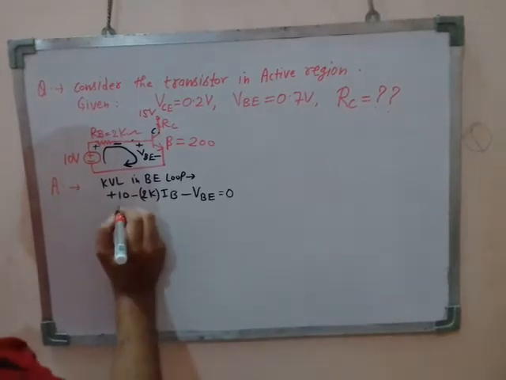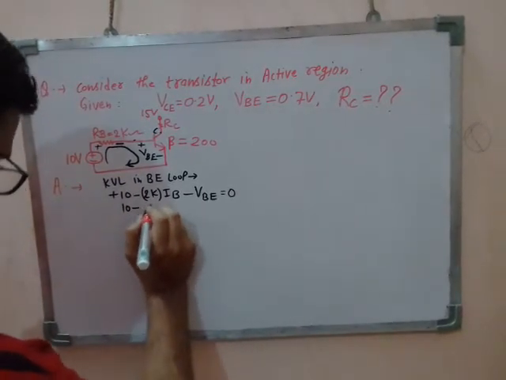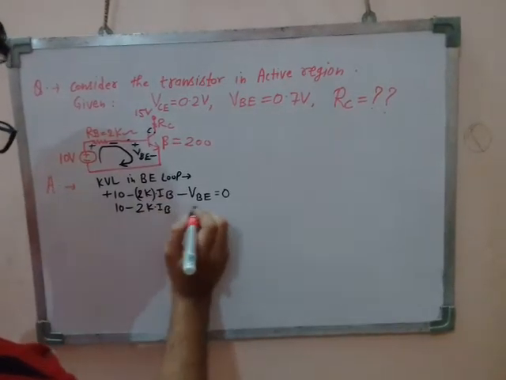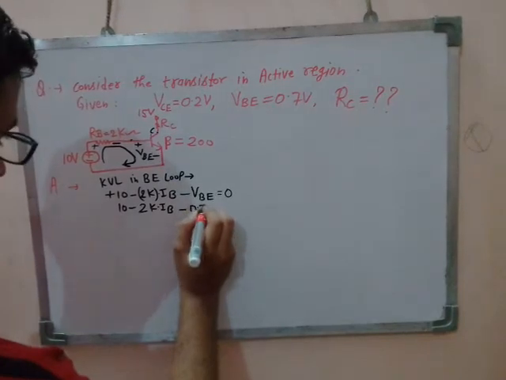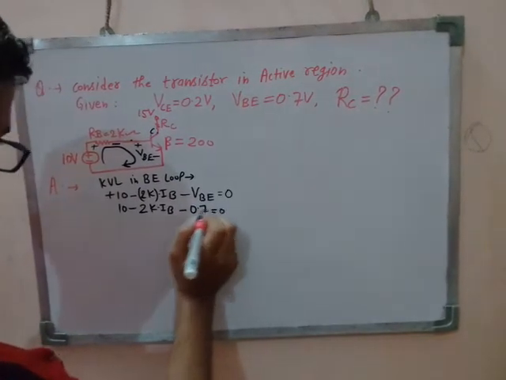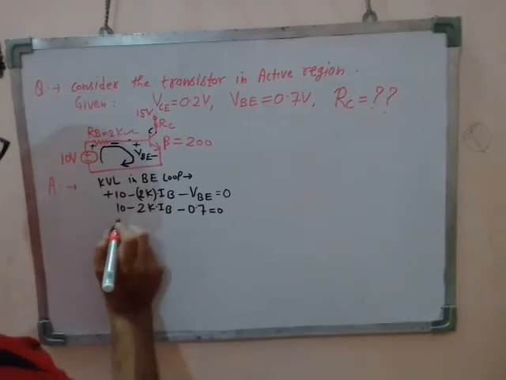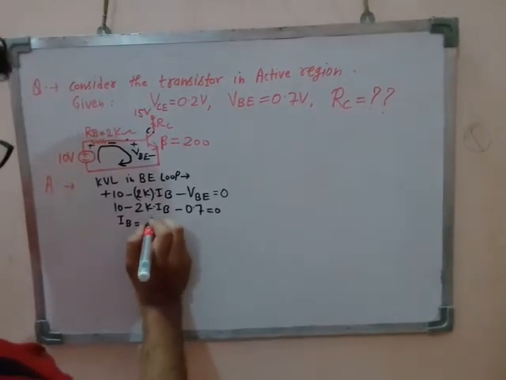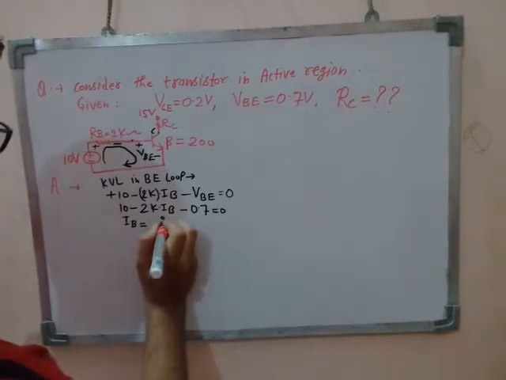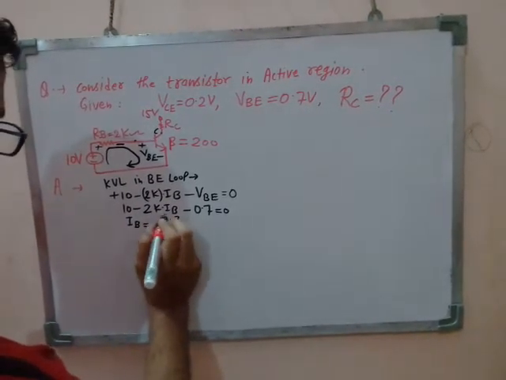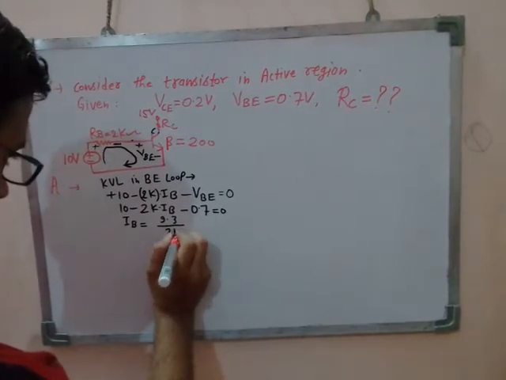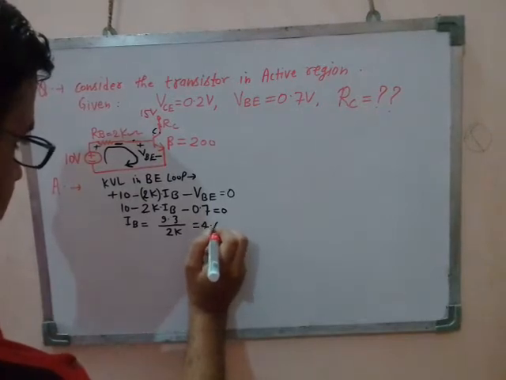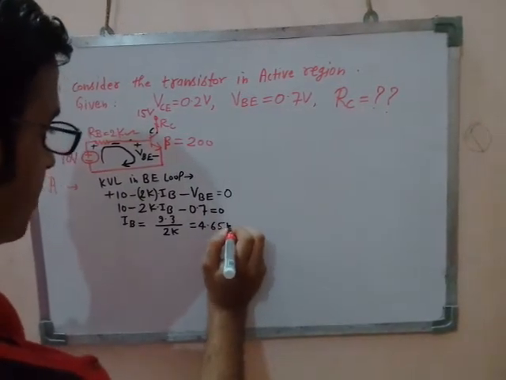So put in the values: 10 minus 2k into base current IB minus VBE, which is given as 0.7 volt, equals 0. So the base current equals 10 minus 0.7, which is 9.3, divided by 2 kilo ohm, which equals 4.65 milliampere.